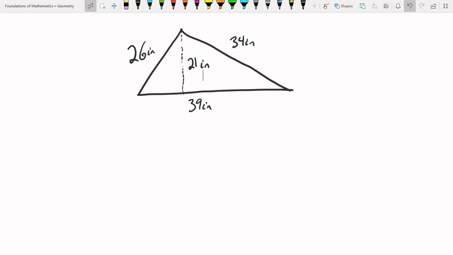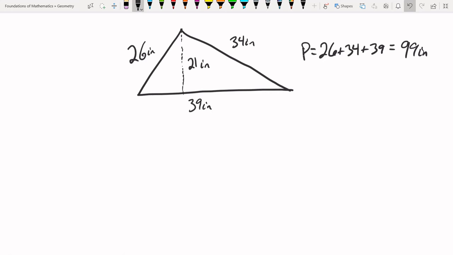We just add up all the lengths. In this case, the perimeter is going to equal 26 plus 34 plus 39, which would be 99 inches.